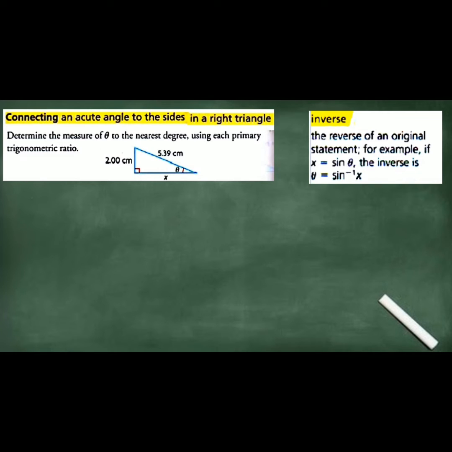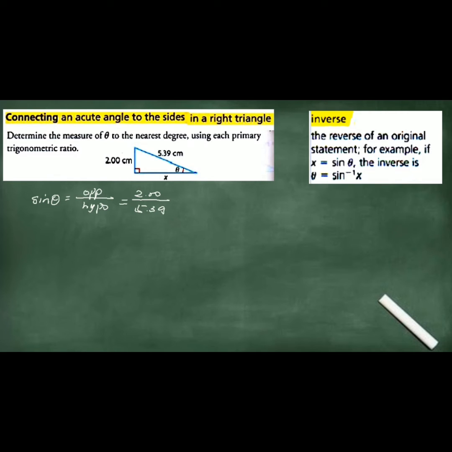Okay, so let's get started. We know sin theta is the opposite side over the hypotenuse. The opposite is 2.00 and the hypotenuse is 5.39.